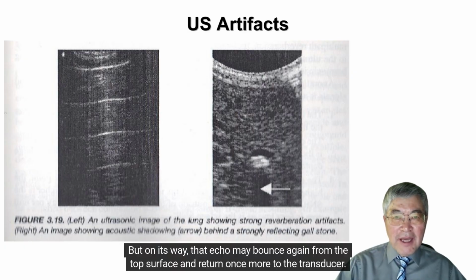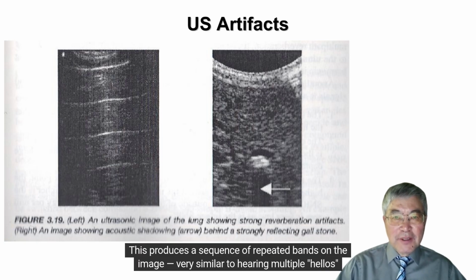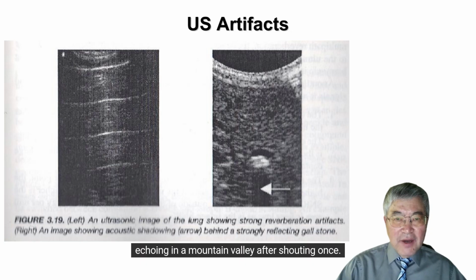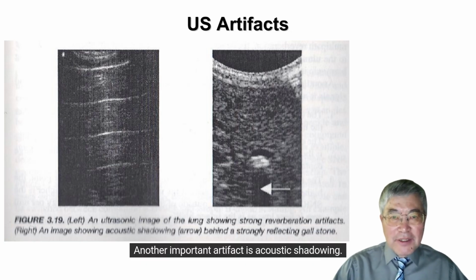But on its way, that echo may bounce again from the top surface and return once more to the transducer. As a result, even though you sent only one pulse, you detect several echoes arriving at different times. This produces a sequence of repeated bands on the image, very similar to hearing multiple hellos echoing in a mountain valley after shouting once.